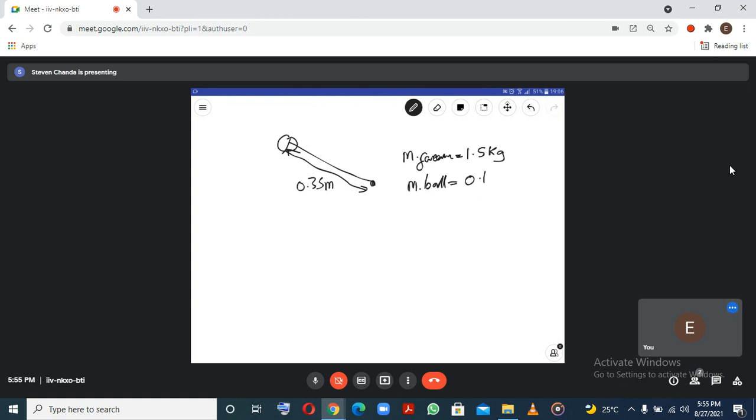So then what we're going to do is, the formula for moment of inertia, let's just designate what we are talking about. So for the ball, we are going to say mass times r squared. So the mass is going to be 0.15 kg.